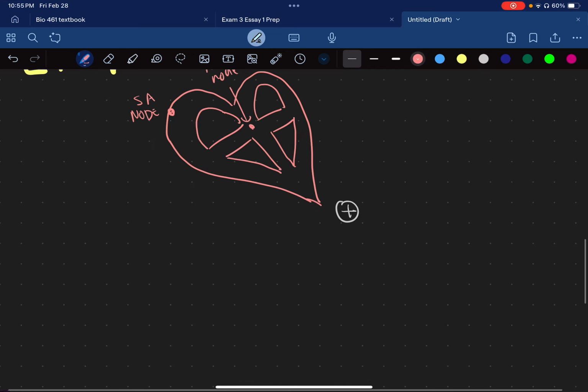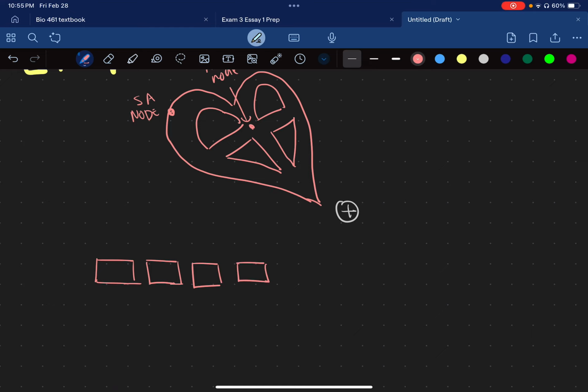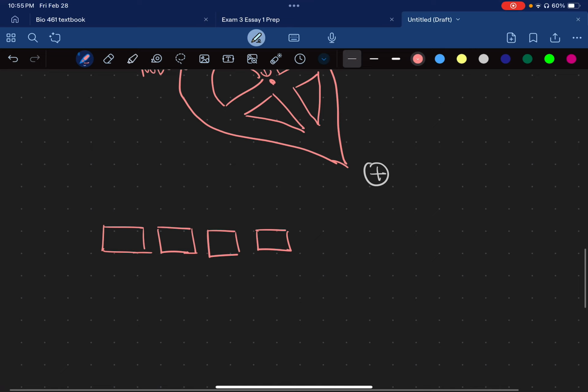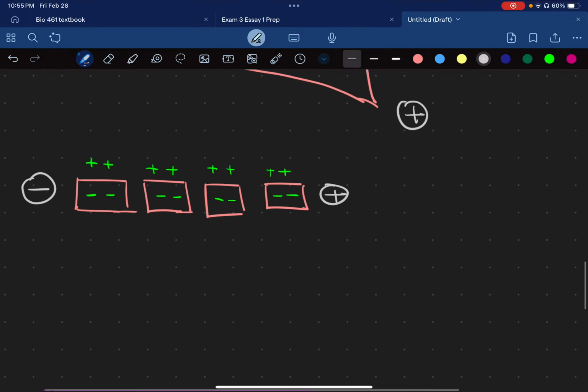So if we just draw this out here, say we have 4 cardiac cells lined up. At resting membrane potential, all of these cells are going to be negative on the inside and therefore positive on the outside. So let's say we have our sensors here, positive and negative.